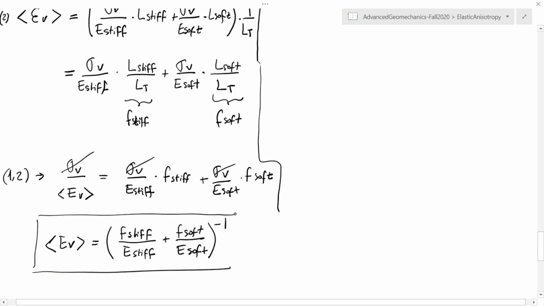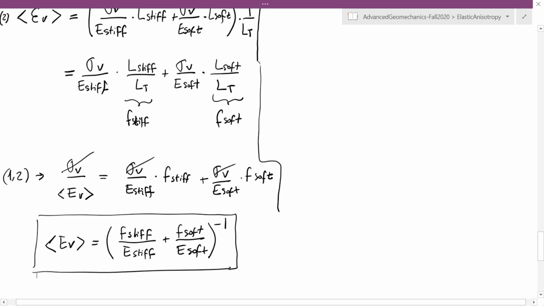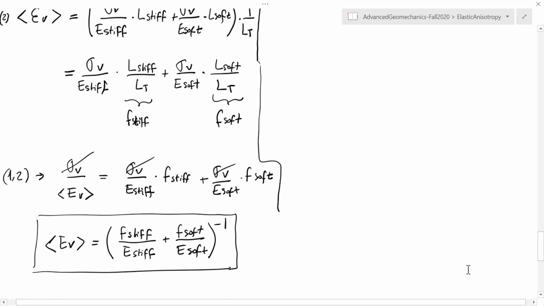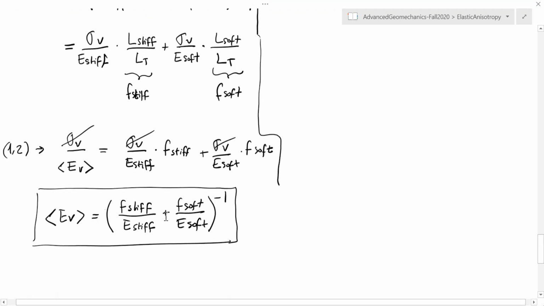All right, so let's see the meaning now of this equation. This equation, as we said, is what is called a Reuss average, and what this equation is going to do is somehow penalize the soft fraction, even if it's very small, because of this ratio, in the total or effective Young modulus.